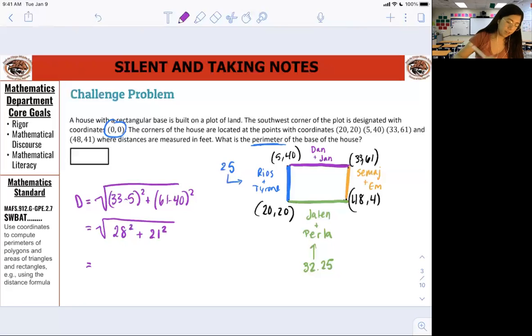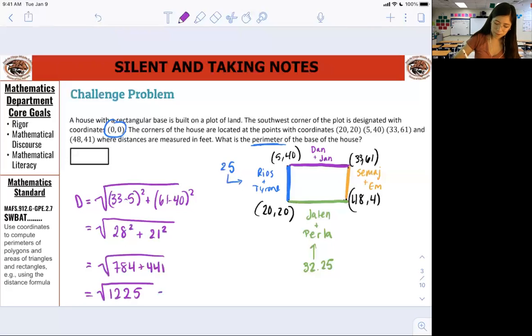I'm using my calculator. We got 784. 21 times 21 is 441. Add that together. What do you get? 1225. Good. 1,225. You take the square root of that and you do get 35.